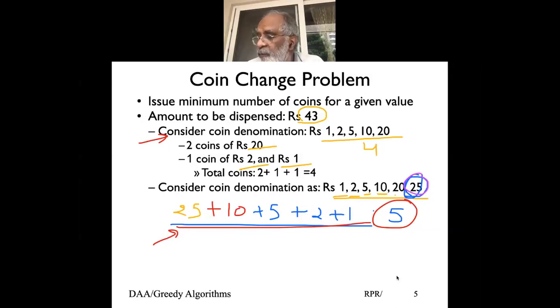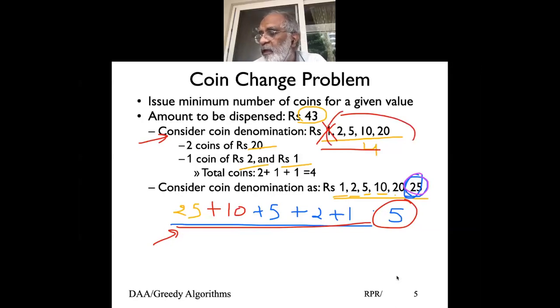Now, let me look at the problem differently. Does the greedy approach always give me a solution? The reason I'm asking is, assuming you do not have a 1 rupee coin at all, can you still meet the requirement of 43 rupees?